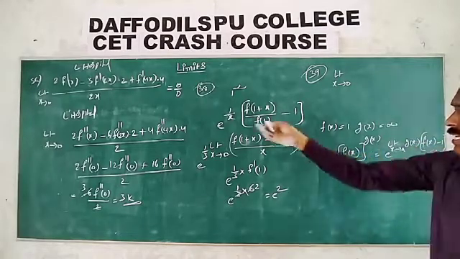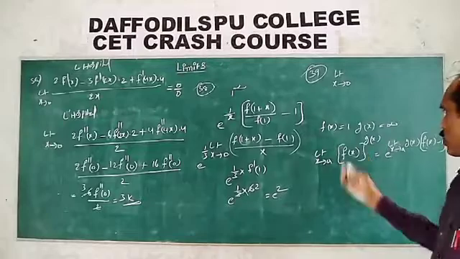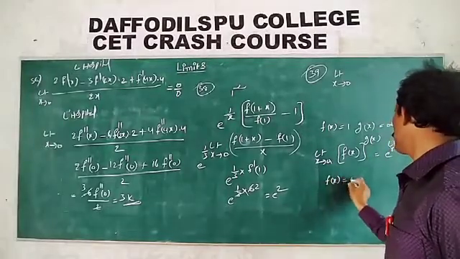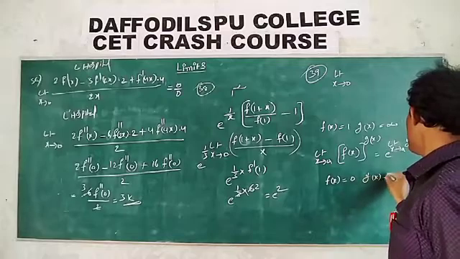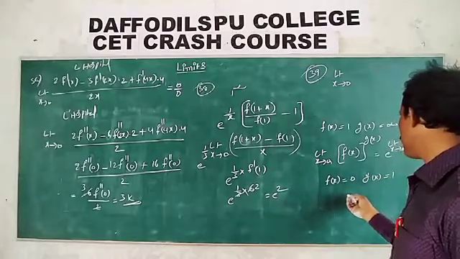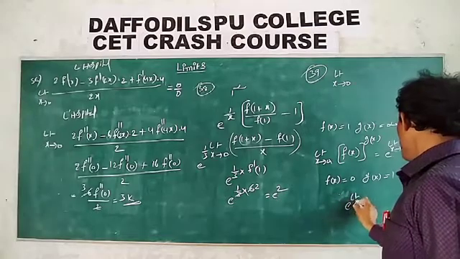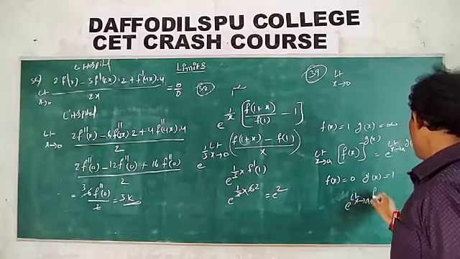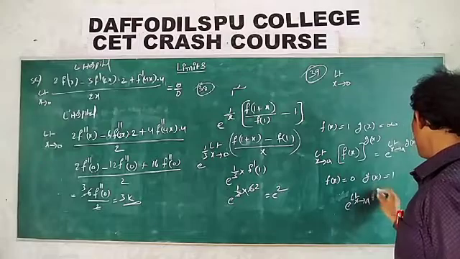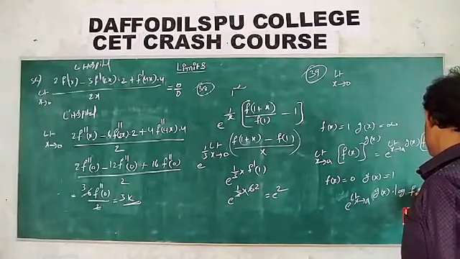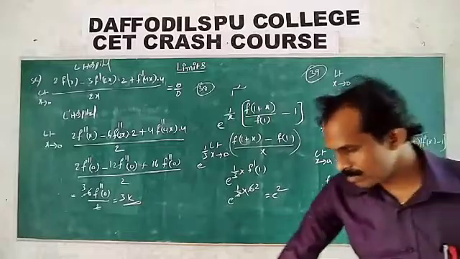So this formula is applied for so many problems. Remember this formula. And one more formula: f of x is equal to 0 and g of x is equal to 0. Then the next one, e power limit x tends to a g of x into log f of x. So this is one more formula.